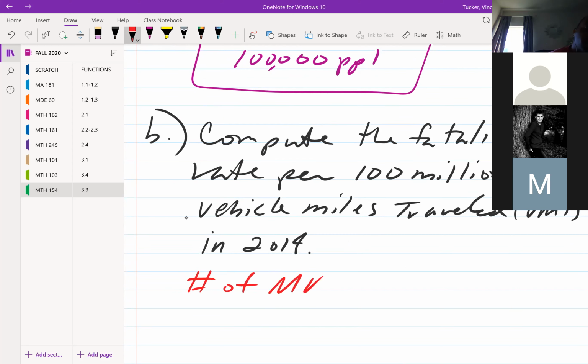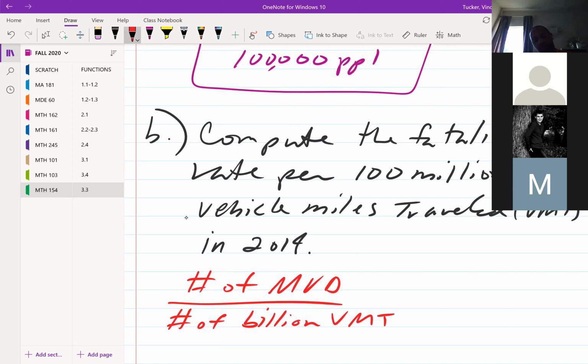Number of MVD and number of billion VMT. And the reason why it goes to billion is because that's the number that they give you in the chart, it's in billions. So you have to account for that when you do your calculation.